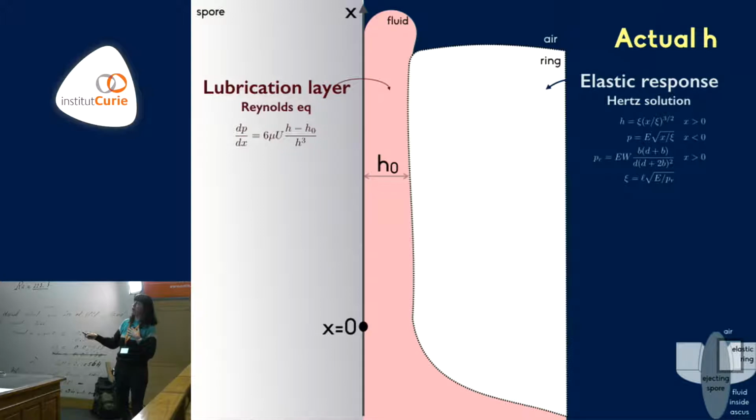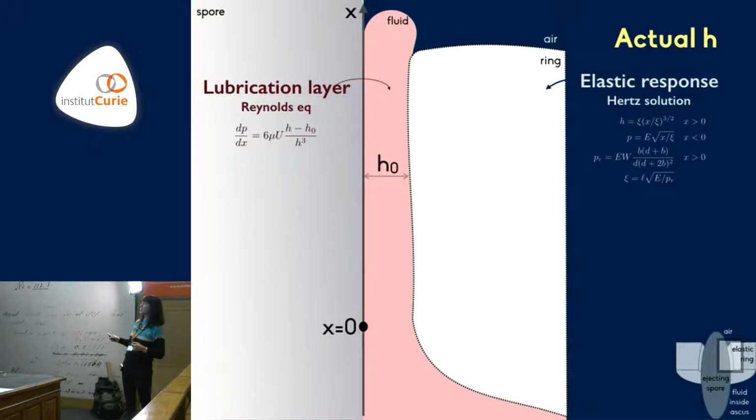As soon as you leave the contact, x equals 0 is the point where the fluid enters into this thin gap. Away from x equals 0, the gap thickness increases. So h is a variable, and it depends on psi.